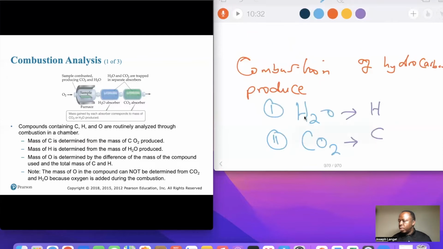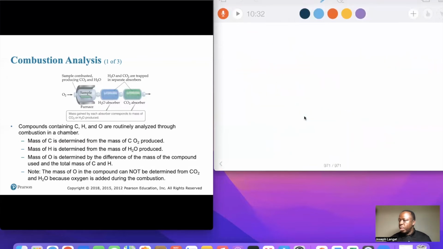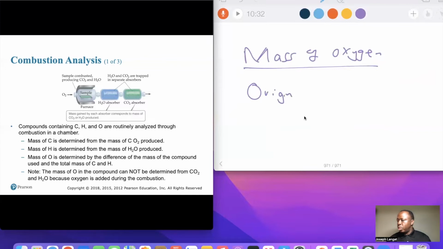Mass of oxygen is determined from the original mass minus the sum of the mass of hydrogen plus the mass of carbon.